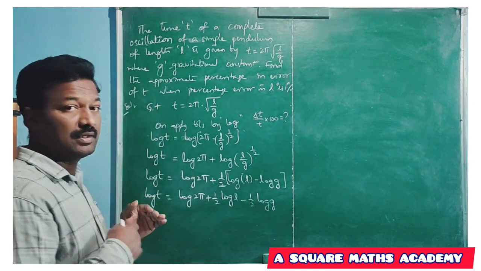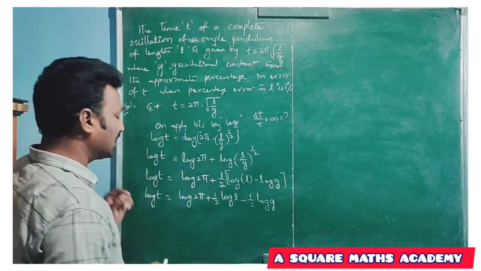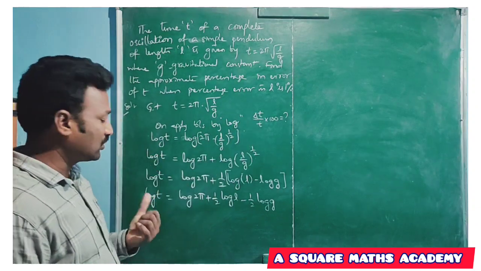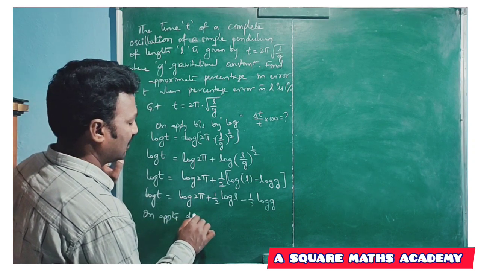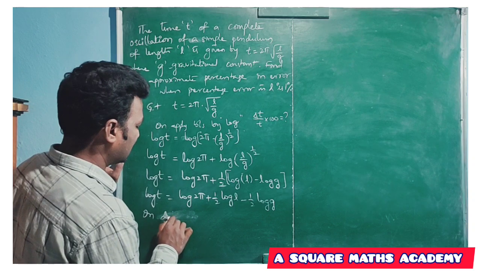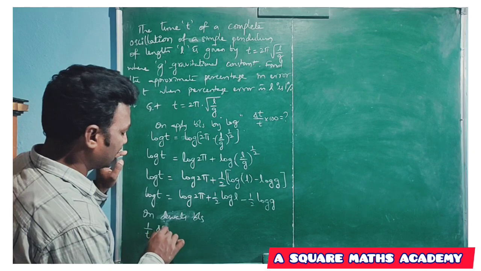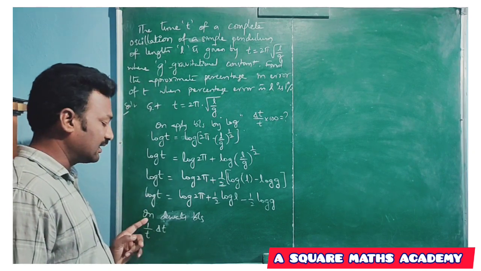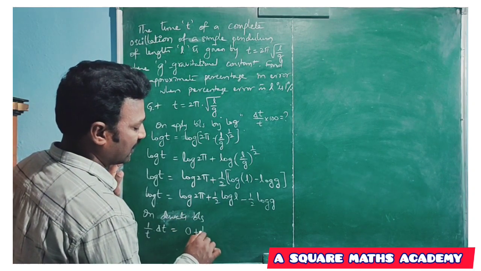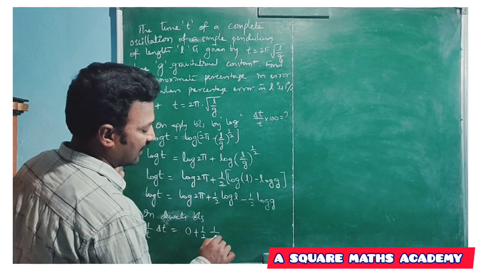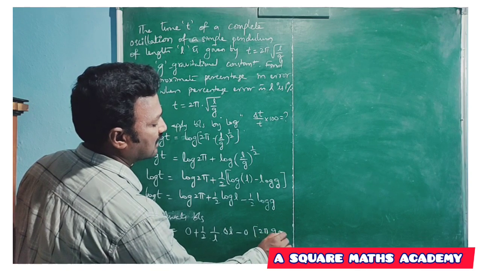When we apply the derivative, those constant terms give 0. We need delta t by t, so on differentiating both sides, 1 by t into delta t equals 0 plus 1 by 2 into 1 by L delta L, and the last term is 0 because 2 pi and g are constants.